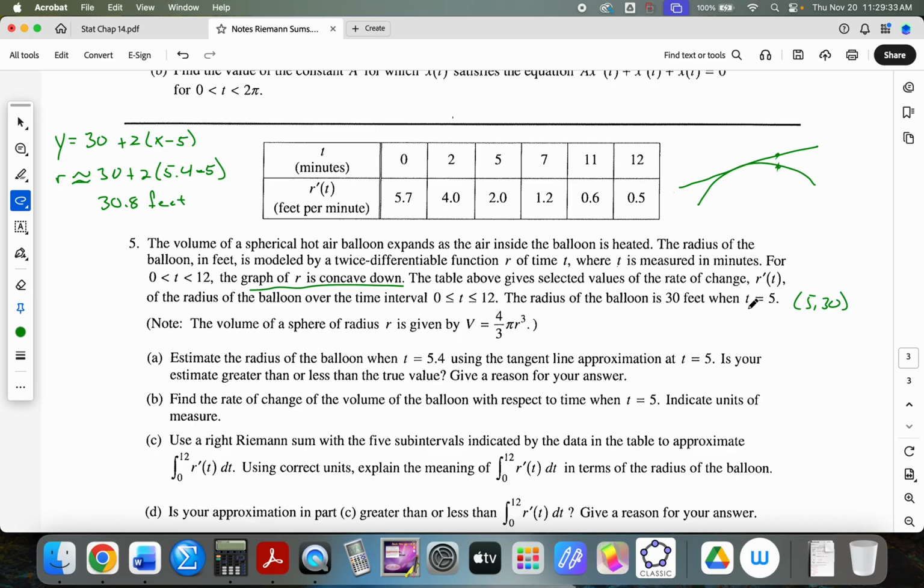It's going to be too big. So it is greater than the true value because the graph of R is concave down.